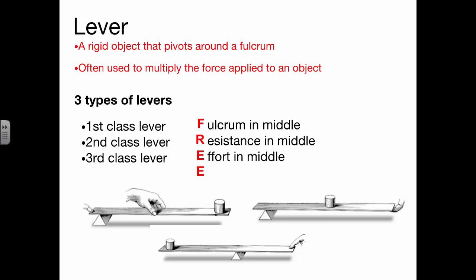So here, what's in the middle of those three things? The fulcrum. This is a first class lever. Wow. Snazzy. A second class lever, so the word free, has what in the middle? Resistance in the middle. So we can have our resistance in the middle, our fulcrum here, okay, and I can have my effort here. That is a second class lever.